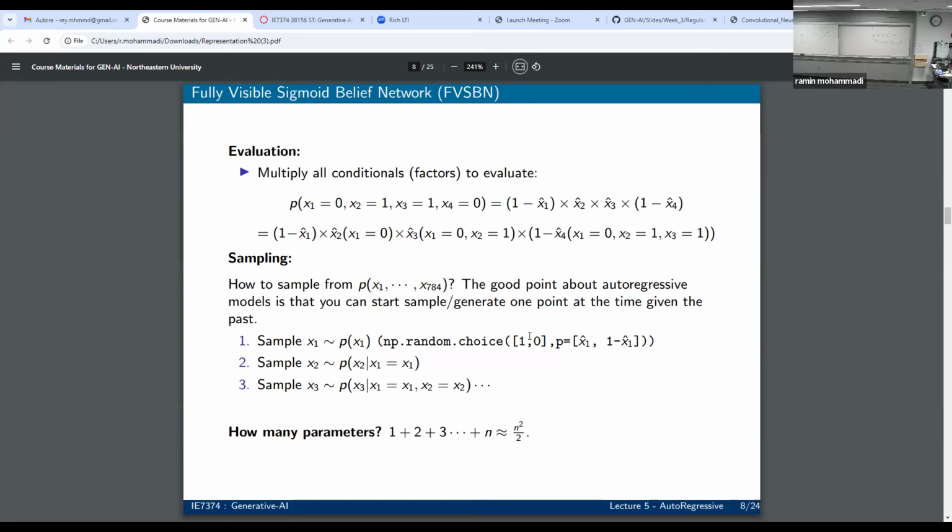The probability of x2 being 1 is this, x3 being 1 is this, and x4 being 0 becomes 1 minus whatever the sigmoid predicted for x4, because we always predict the probability of class 1. And to start the generation, you sample randomly for the first pixel and continue generating with that. You keep passing the generated pixel to the second pixel, then pass that to the third pixel, and so on. You keep generating those pixels.